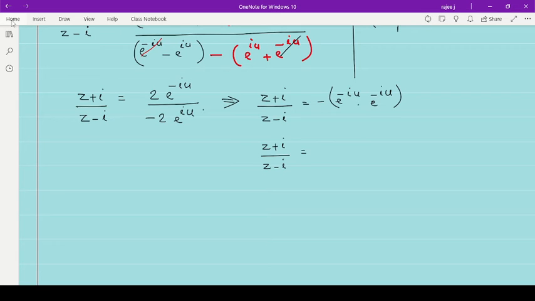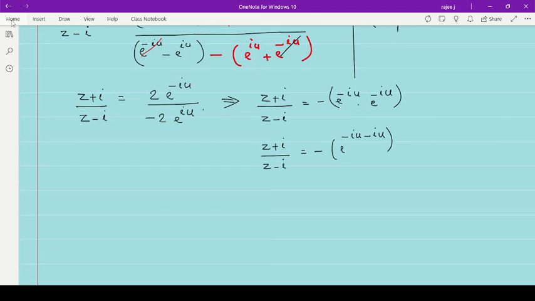A raised to m into a raised to n is a raised to m plus n. So iu plus minus iu, 2 times iu, so it is minus iu.